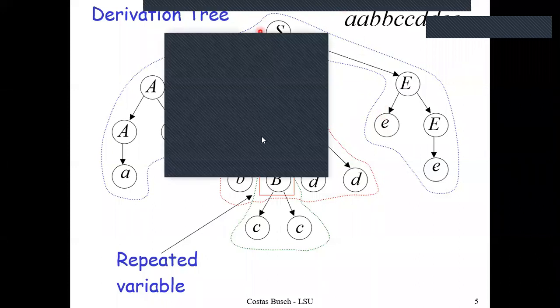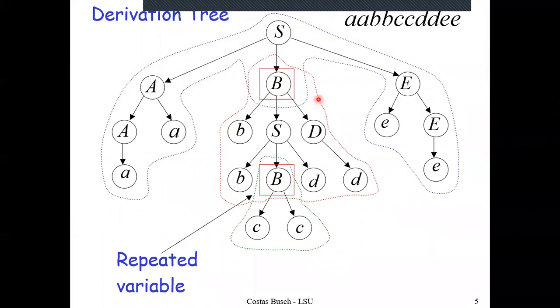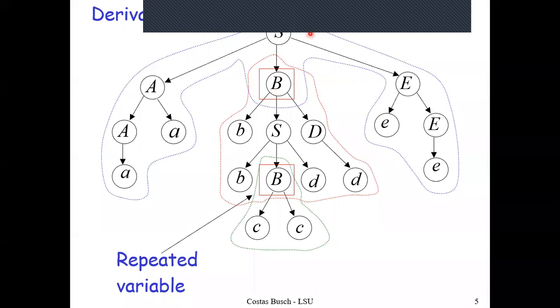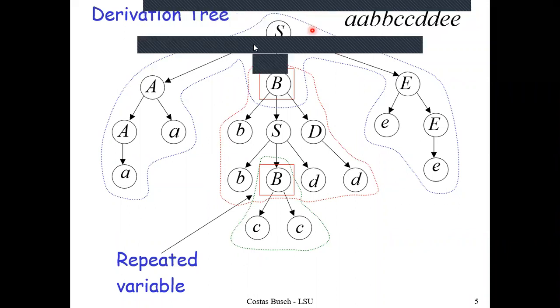Sir, when S becomes the middle subtree, then the middle tree will be all the nodes except the two C's. In that case, I would have S, B, B, S, D. Let me see if I can write something on it. I can annotate. Where is the pen?